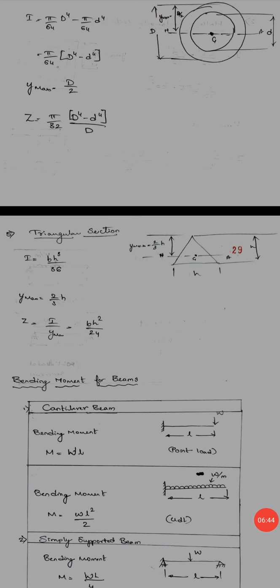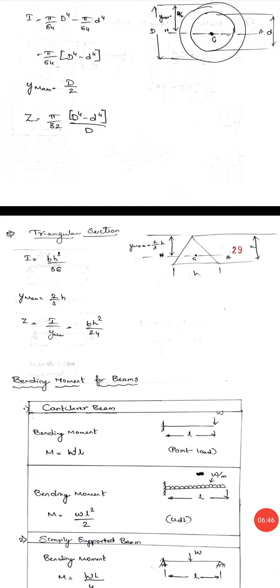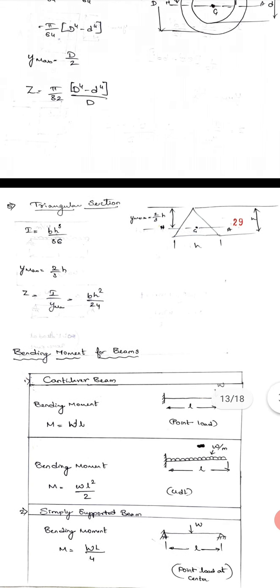Triangular section. So triangular section with the height h and the width b. The neutral axis passes at 1/3 and 2/3 distance. 1/3 distance from below and 2/3 distance from above.